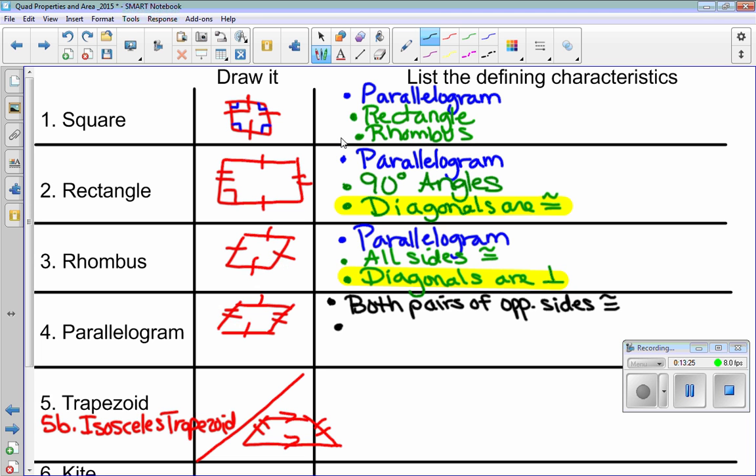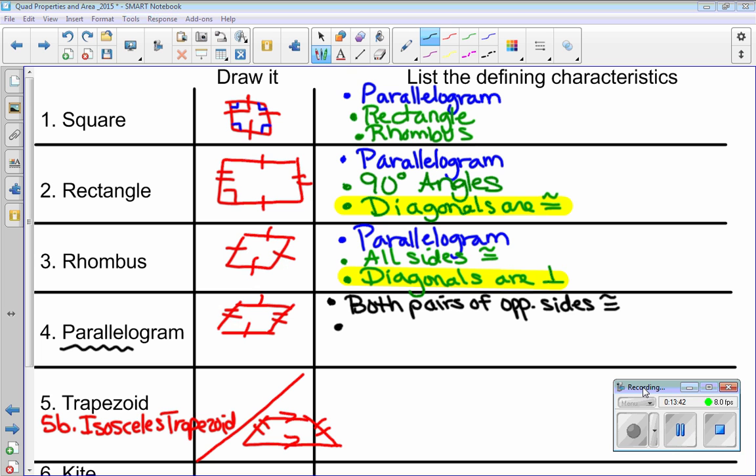What else do you notice? Not only are they congruent, but what else is true? Both pairs of opposite sides are parallel too, right? Okay. It's called a parallelogram for a reason. So both pairs of opposite sides are parallel as well.